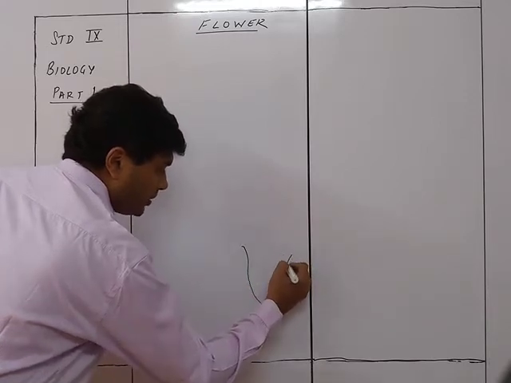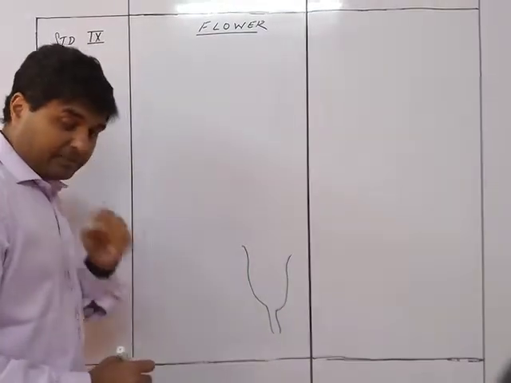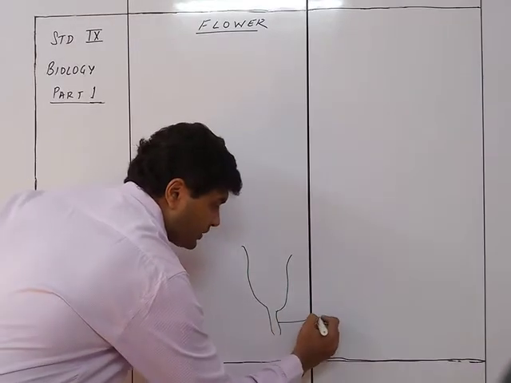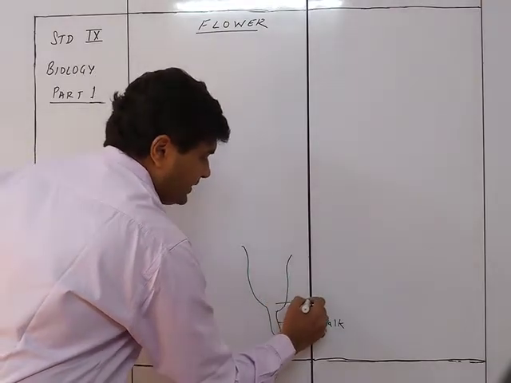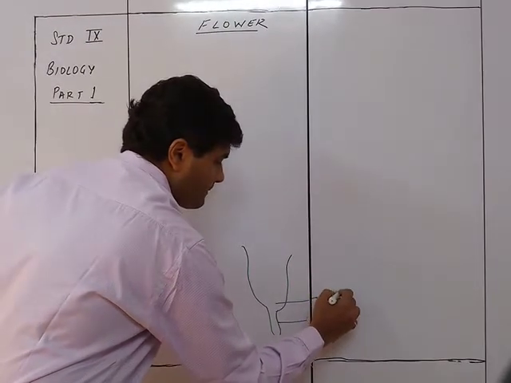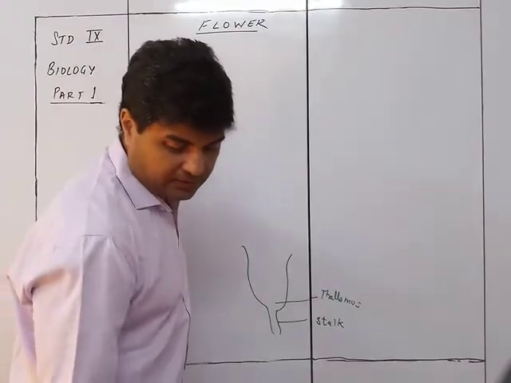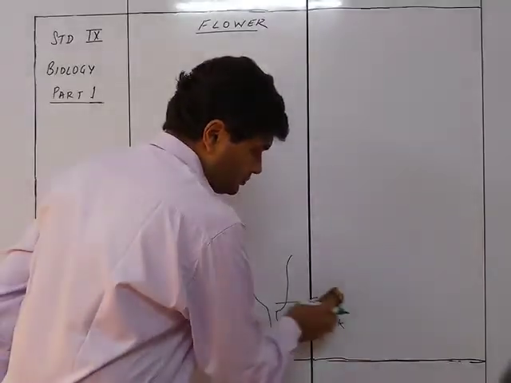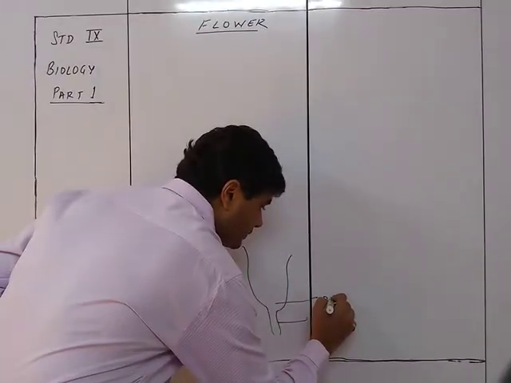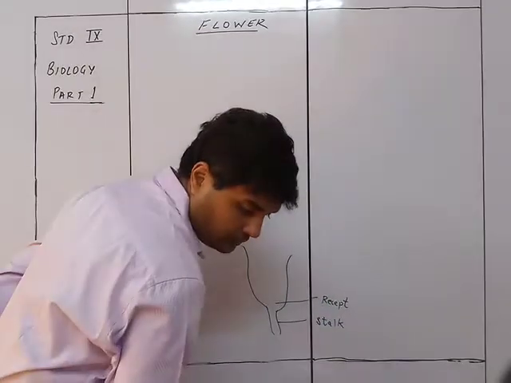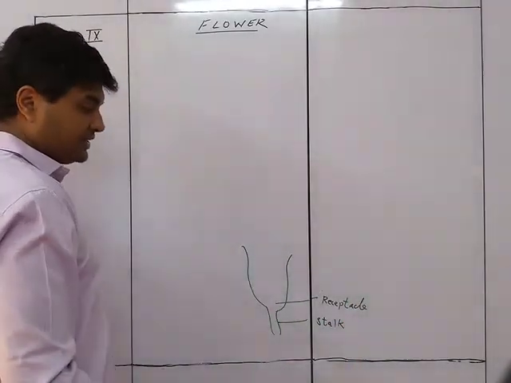The lowermost part is the stalk, and over here is the thalamus, which is given in the textbook as the receptacle. So I'll take it as the receptacle.